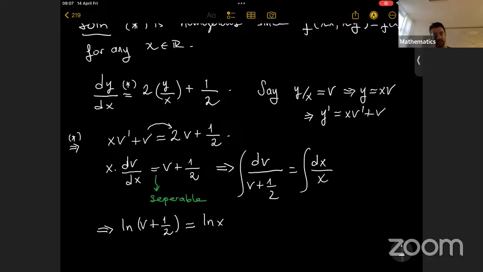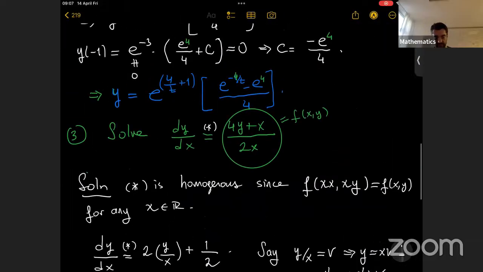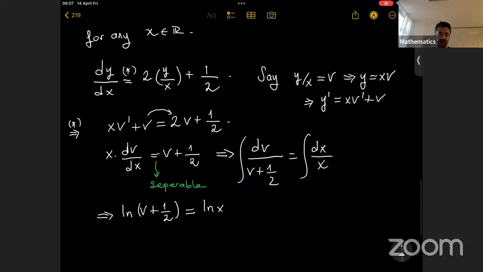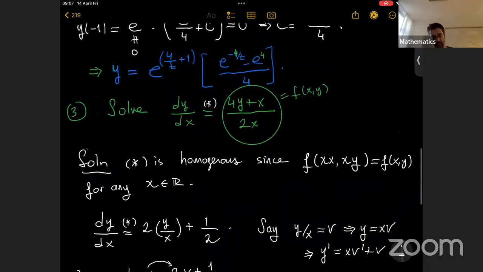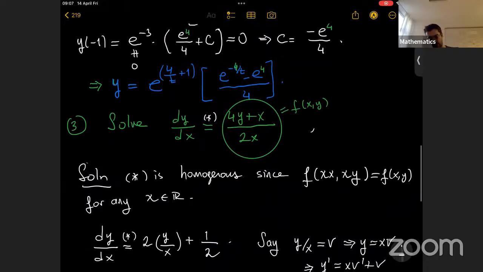In general you have ln of the absolute value of x, but in the question we should assume that x is either positive or negative. X cannot be 0, otherwise the equation is not defined, so you will work in an interval, either the positive side or negative side. Let's work with the positive side here.